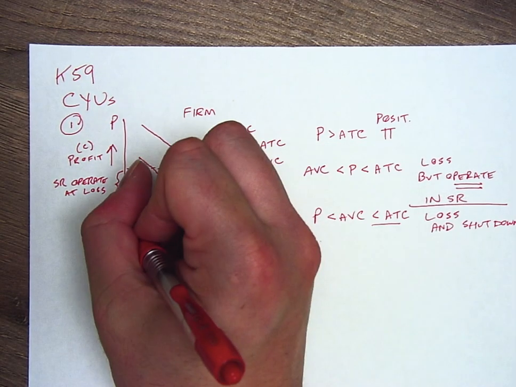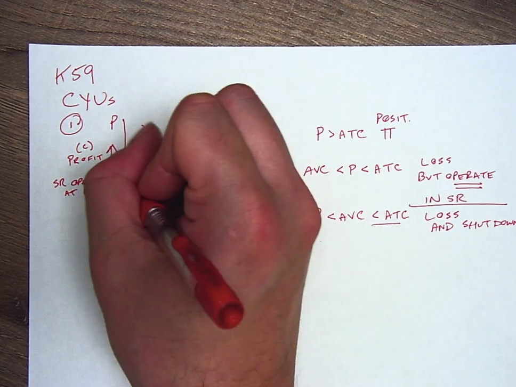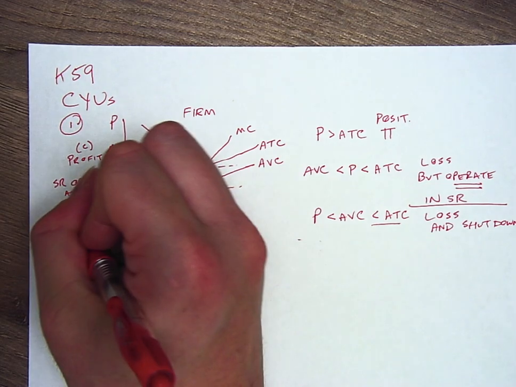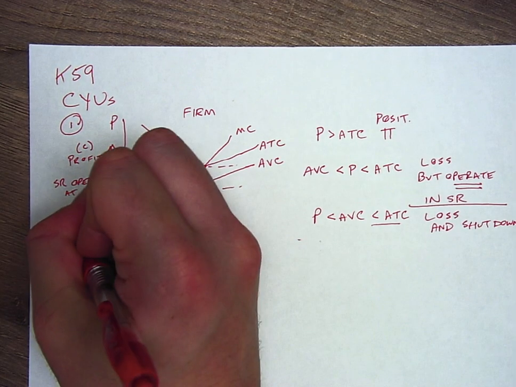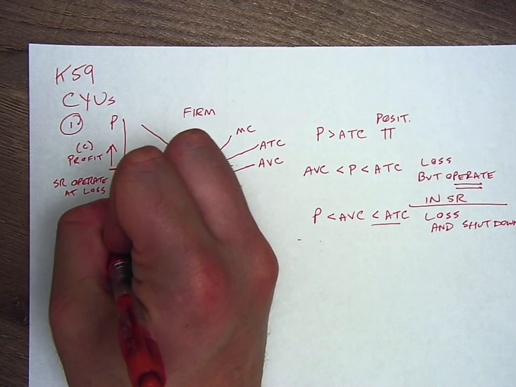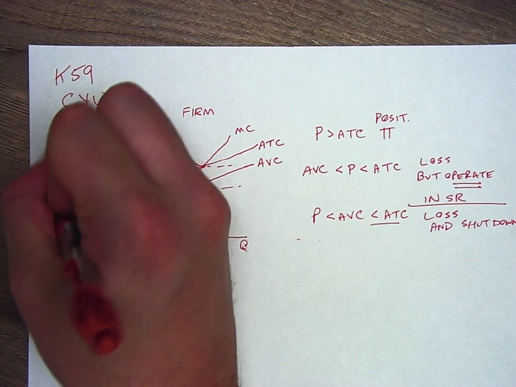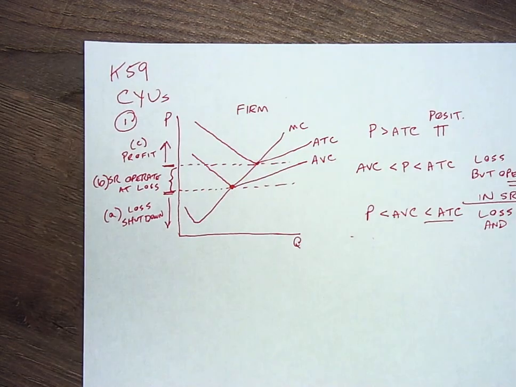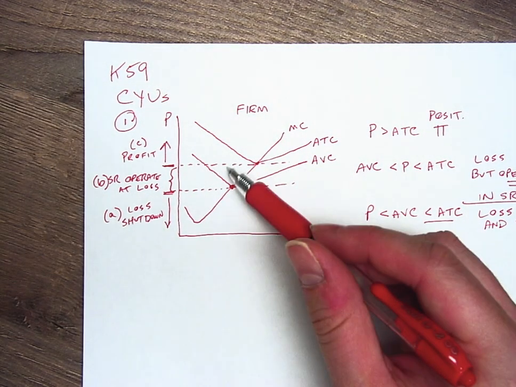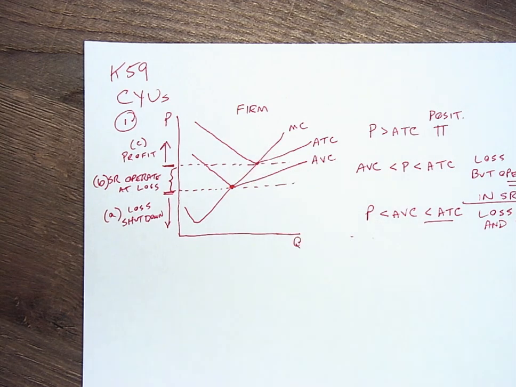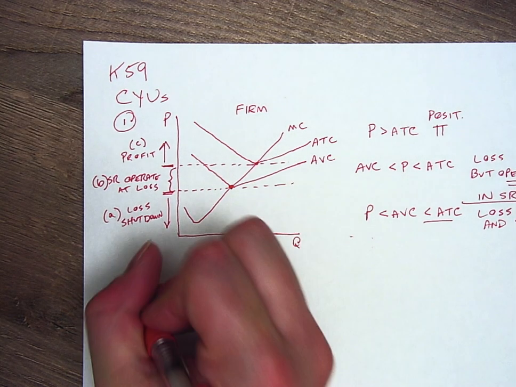So that's called the shutdown rule, if it's below that, right? Loss and shut down. So that would be A, shut down immediately. B would be short run, they operate at a loss, and between these two values, and then C, they're earning a profit. So question number 2.